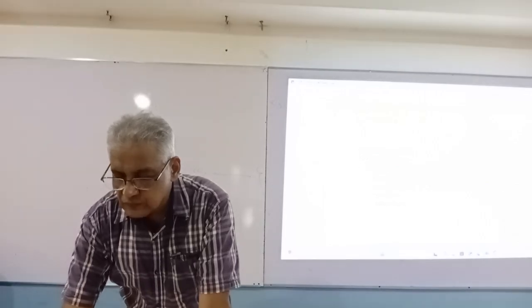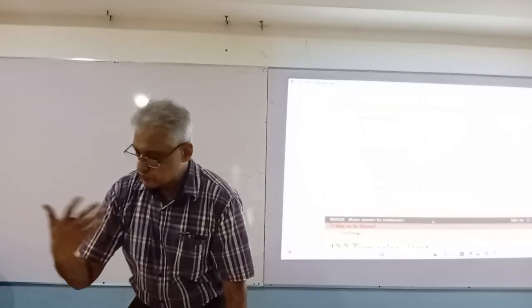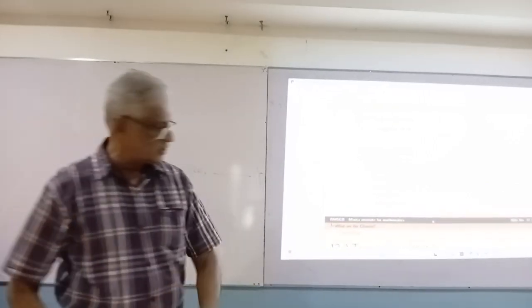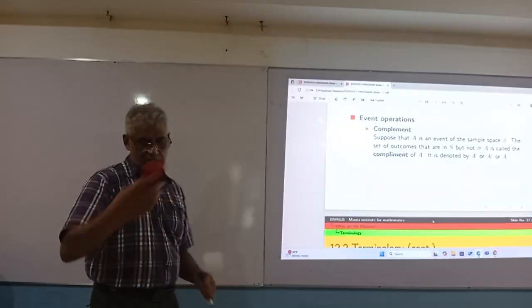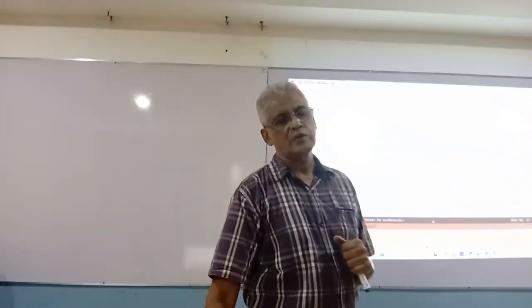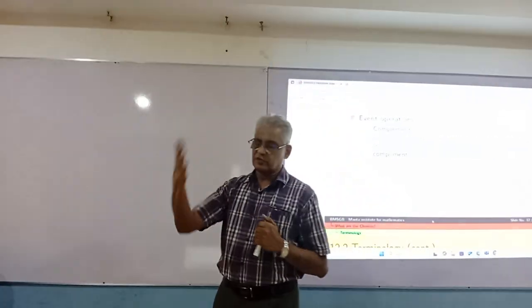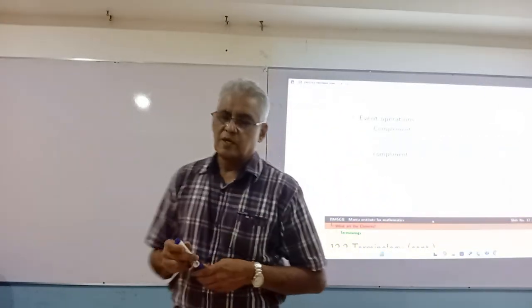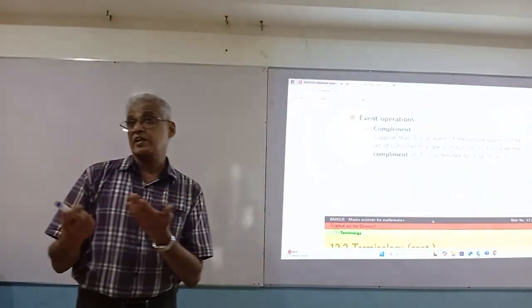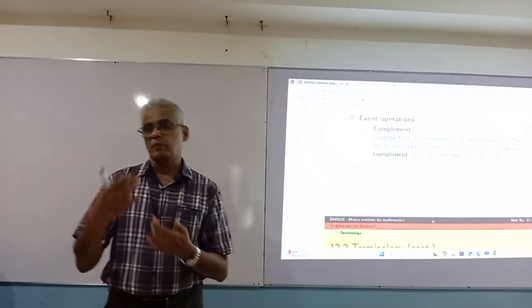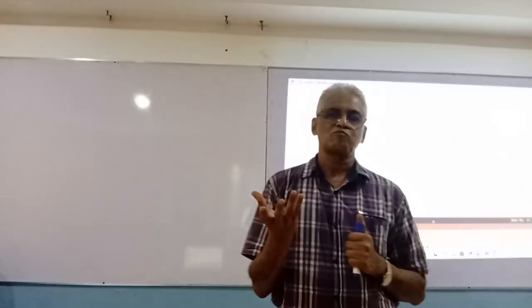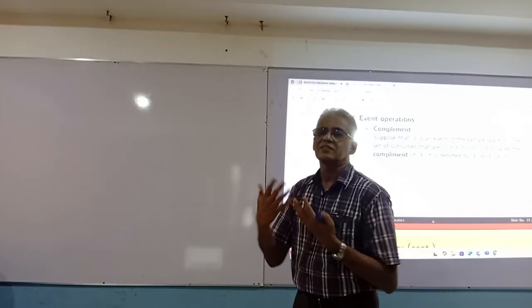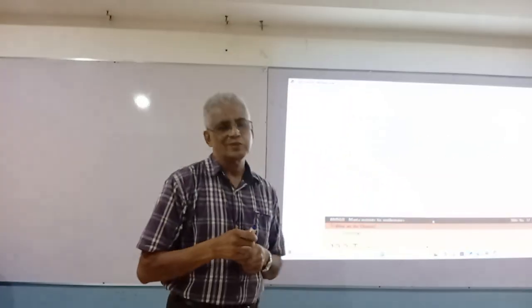Right. So an event is a subset of a sample space. Any event of interest we should be able to write down as a subset of some sample space. But of course, some events that we are interested in finding the probability of are not very easy to write down.